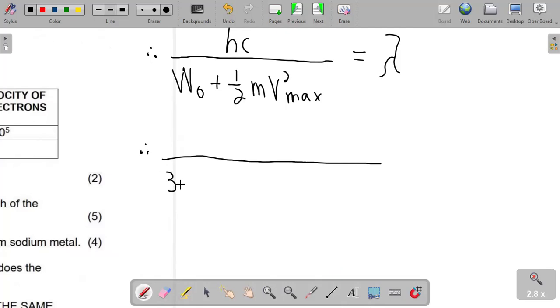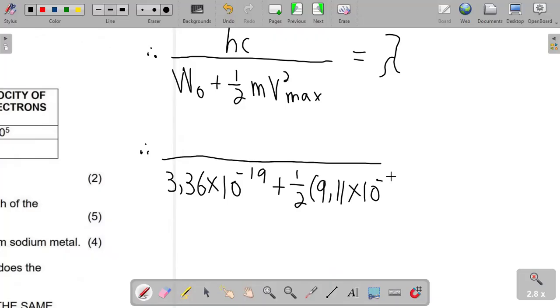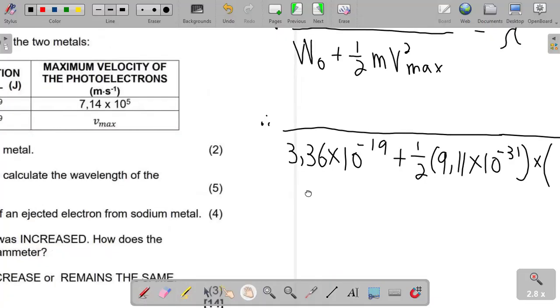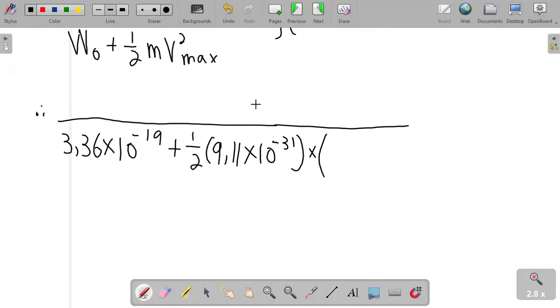So we say 3.36 times 10 to the negative 19, and then plus half, 9.11 times 10 to the negative 31 times 7.14 times 10 to the power 5, squared, equals the wavelength.